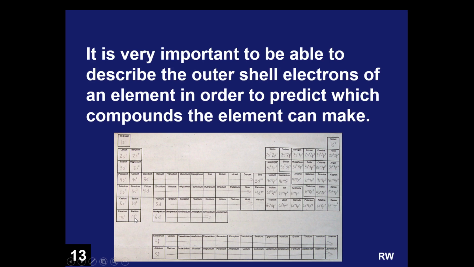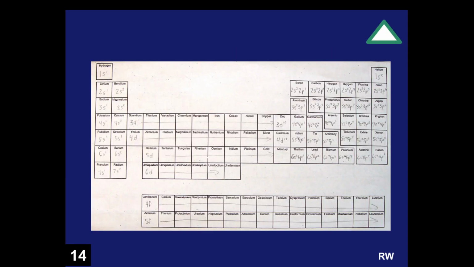And in the 7th level, after the s's, you have the 5f filling up, followed by the 6d. If this doesn't make sense, review the 2 chapters, one on electrons and the other on the periodic table. But given the periodic table, for any one of these elements, you should be able to look at its position and tell me, if it's not an exception, the ground state electron configuration.